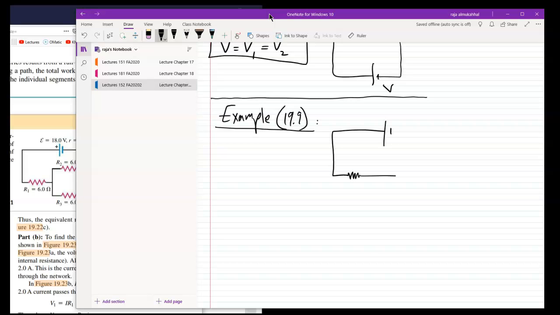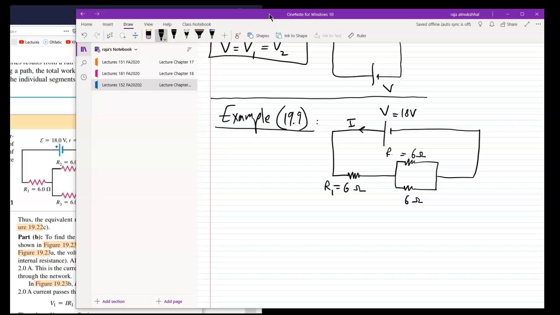Here is the first resistor. And then I have 2 resistors that are in parallel with each other like that. And then go back to the battery like this. The voltage here, the EMF V, is equal to 18 volts. And of course the current goes this way. This is 6 ohm, 6 ohm, 6 ohm, and he's calling this R1, and the upper one is R2, and the lower one is R3.